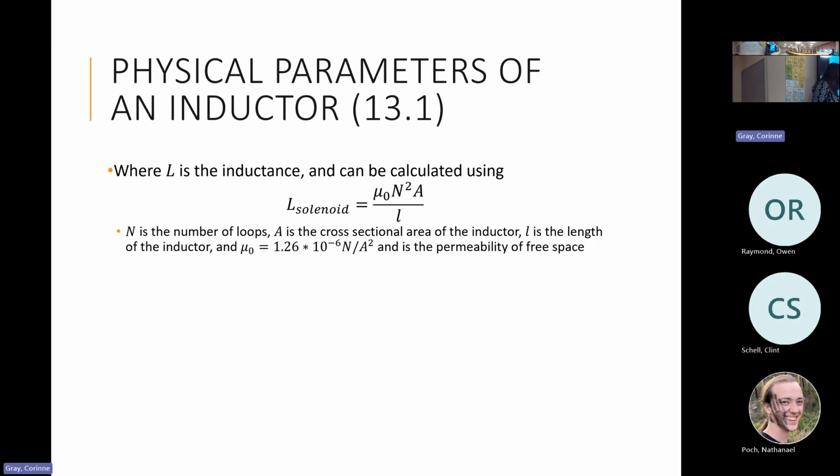So here we have mu naught, which is the permeability of free space. It is 1.6 times 10 to the negative 6 newtons per amp squared.